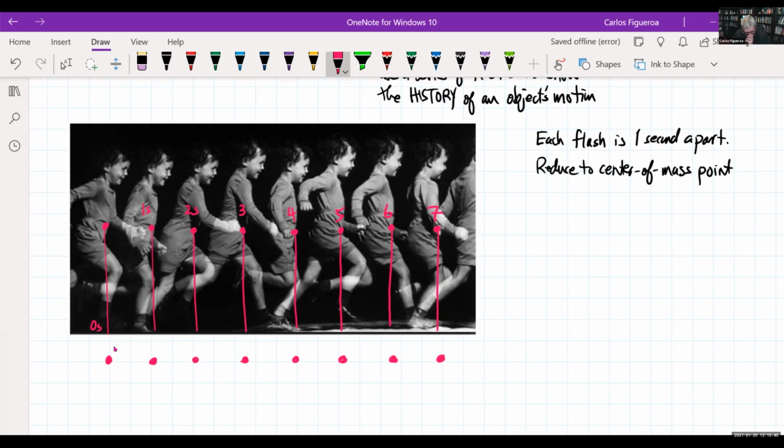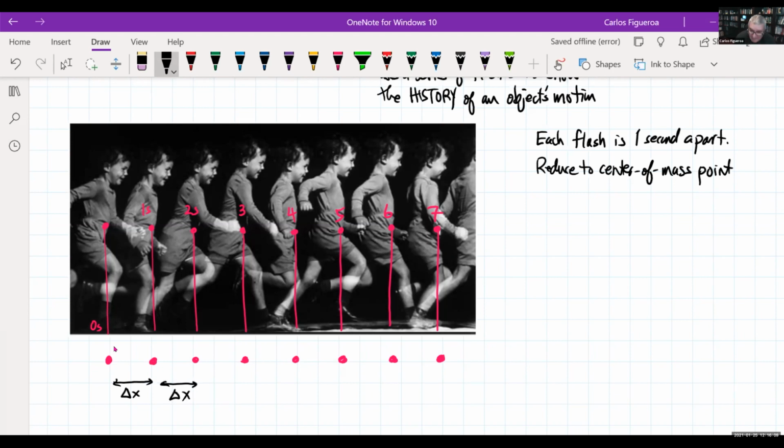And when you look at the definition of velocity, look what happens here. If I look at the distance between this dot and this dot, let's call that delta x. Now look at the distance between this dot and this dot.